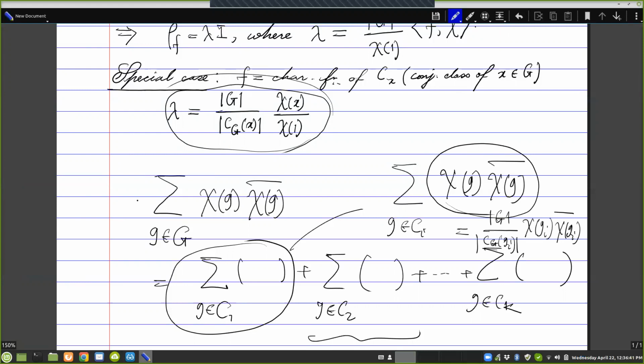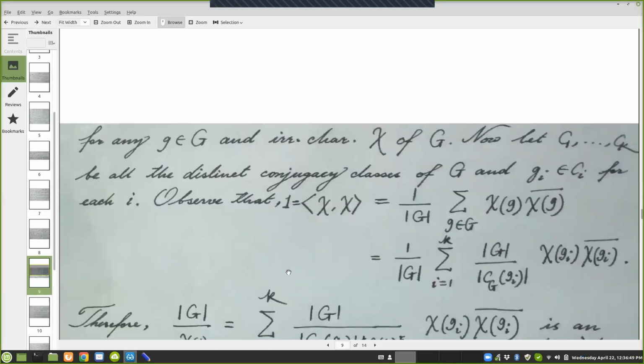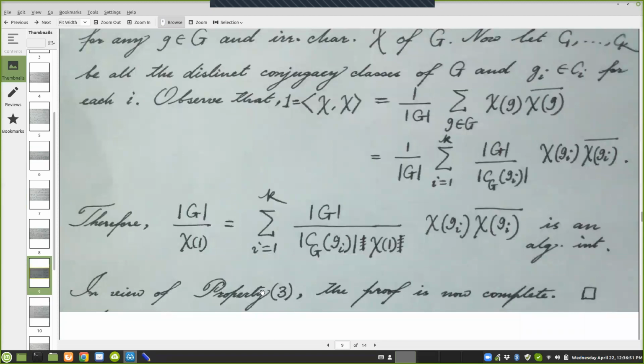So keeping this in mind, once we come back, we see that this sum turns out to be this. Now from here it's immediate that the order of G divided by the dimension of the character chi is just this sum.